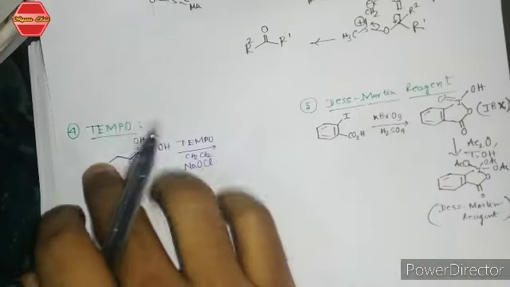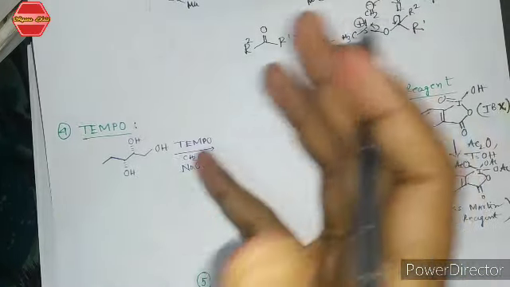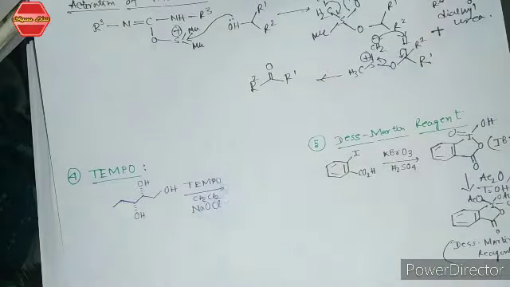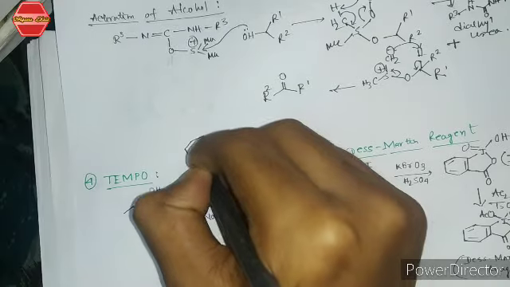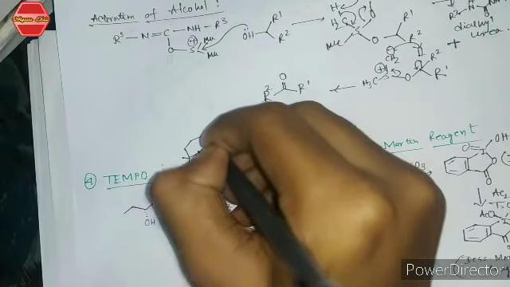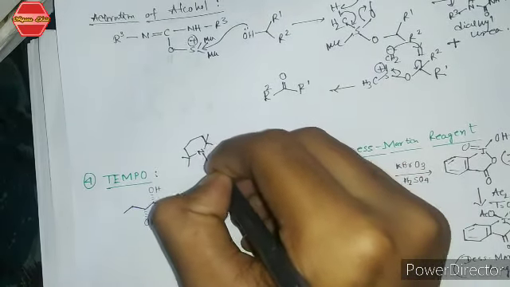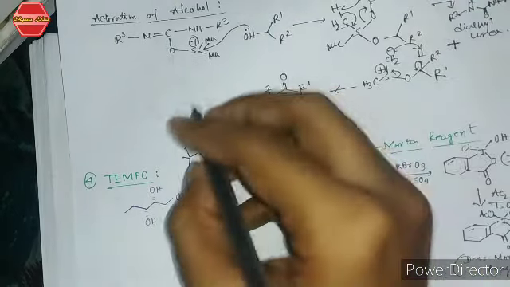Now let's come to another important thing, that is TEMPO. Now what is TEMPO? So you have to know the structure of TEMPO. So TEMPO is nothing but this. Okay, so this is your TEMPO.